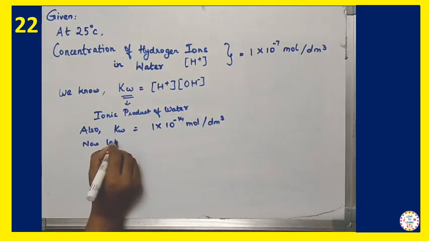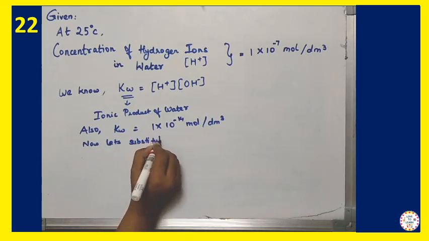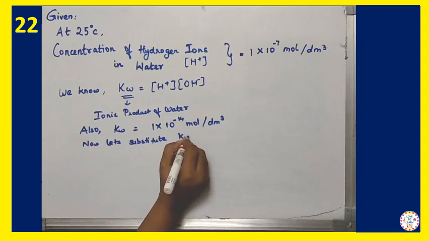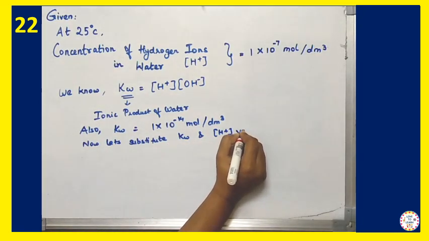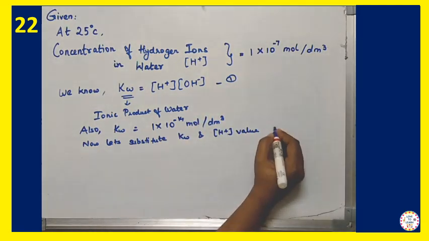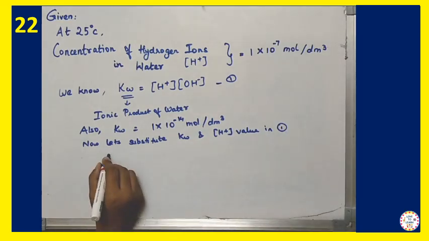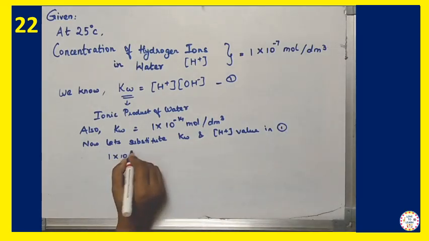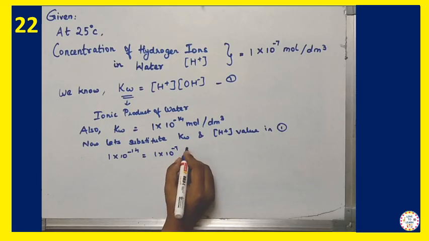Now let's substitute the values. So 1 into 10 power minus 14 is equal to 1 into 10 power minus 7 times OH minus ions.